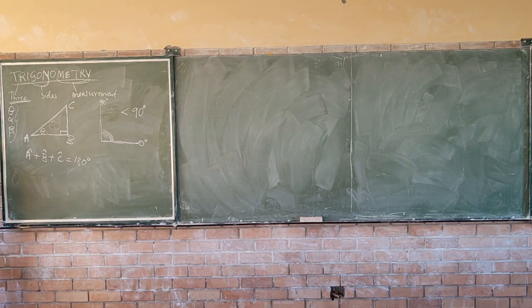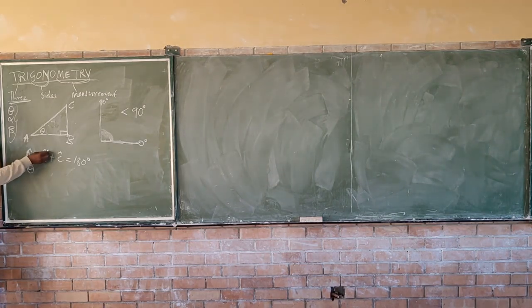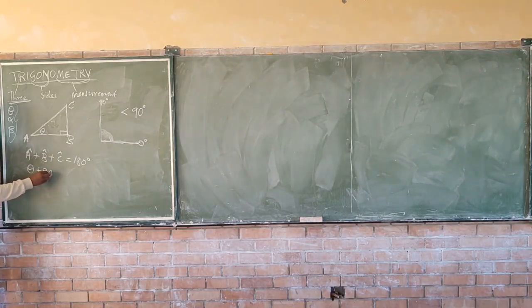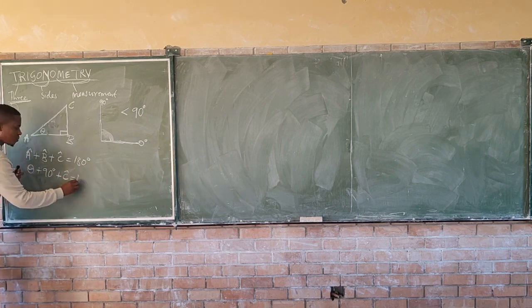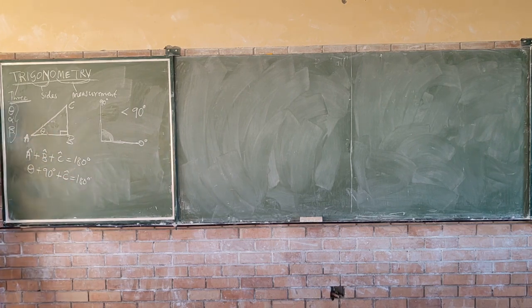Okay? But now we are given angle A. What is it? It's theta. We are given angle B. What is it? 90 degrees. Plus, now we don't have angle C. But we know that when we add them, they will give us 180 degrees.